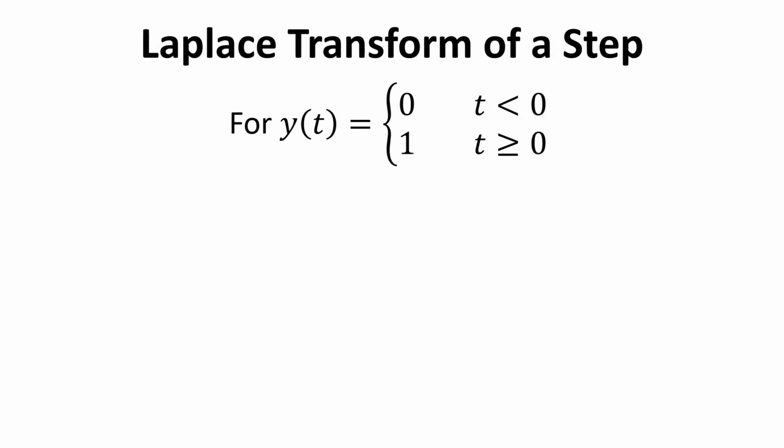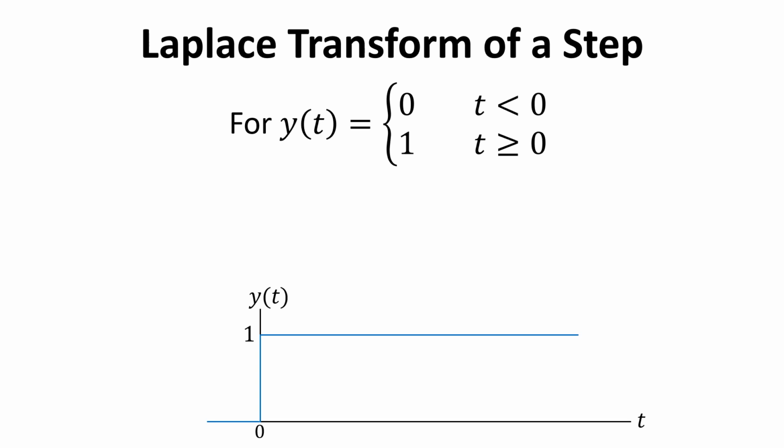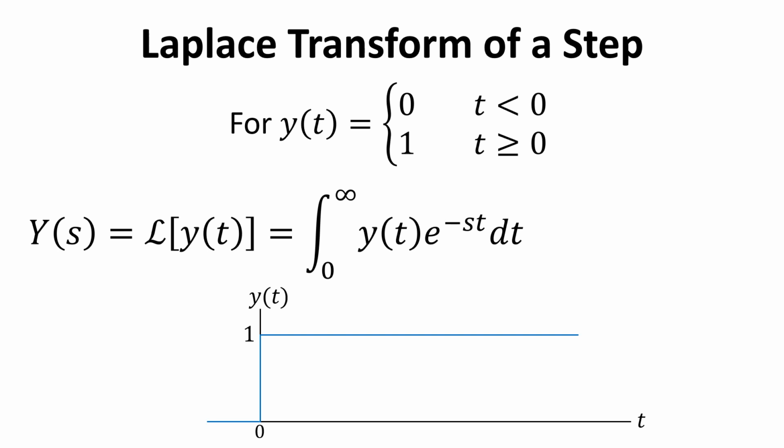Next, we'll have a look at the Laplace transform of a step. This is where y of t is 0 for all values of time less than 0, and y of t equals 1 when time is equal to or greater than 0. So it's basically a step function, and you can see a graph of that there. We take the Laplace transform of y of t and put that into the integral.